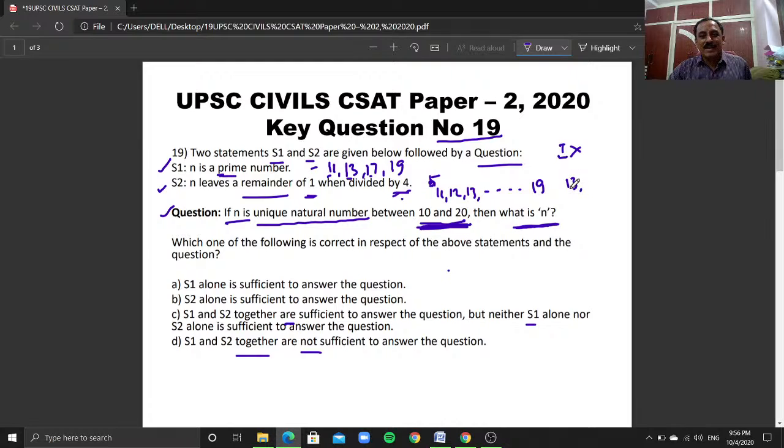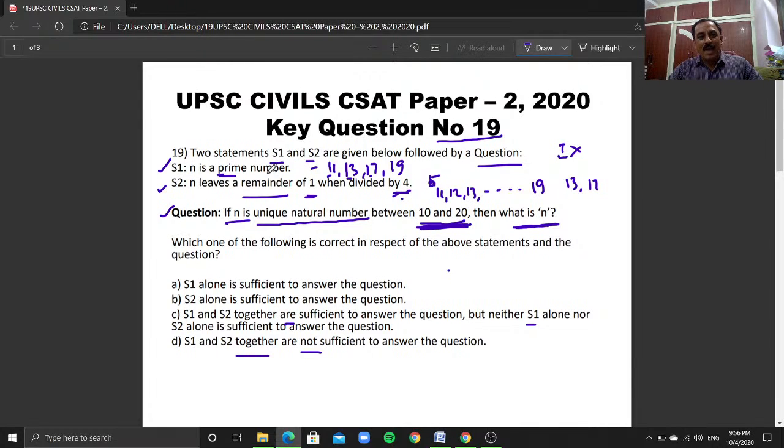So 13 divided by 4, the remainder is 1. And 17 divided by 4, the remainder is again 1: 4 fours are 16 plus 1. 19 divided by 4, the remainder is not 1.